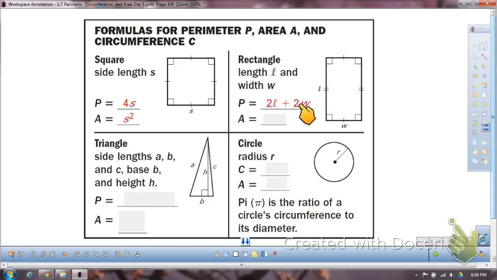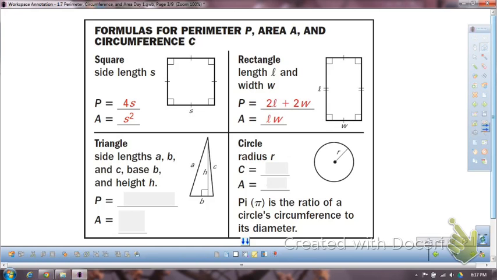And then the 2W comes from the two congruent widths that are across from each other as well. So perimeter means just add up all the sides. You have 2L plus 2W. Let's review the area, and that would be length times width.